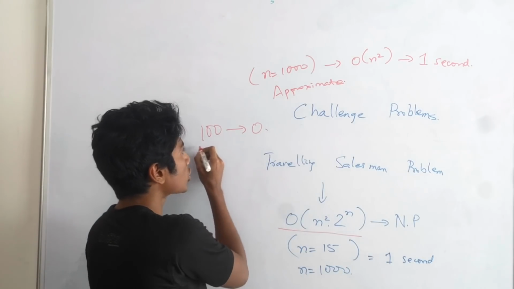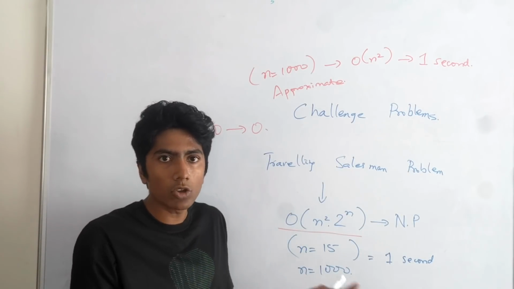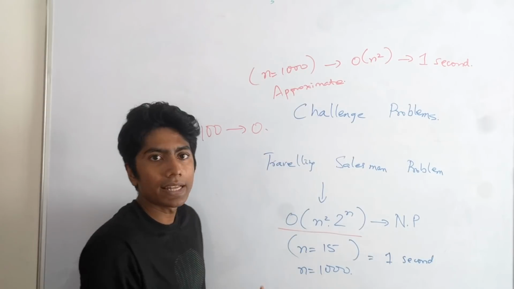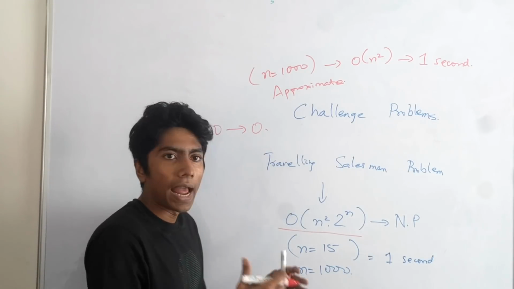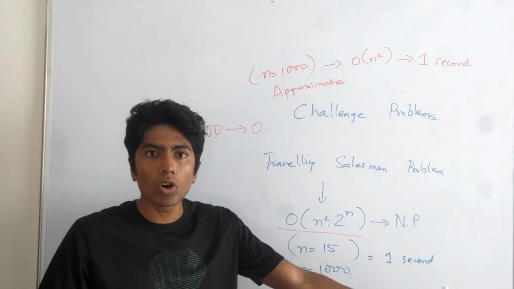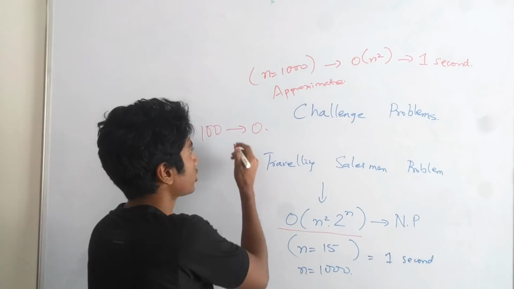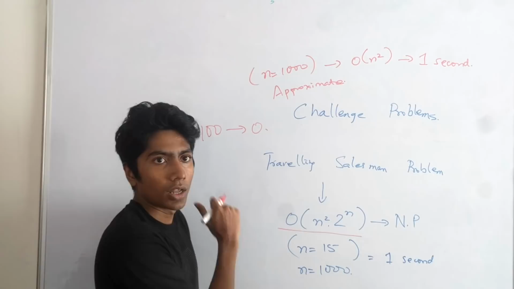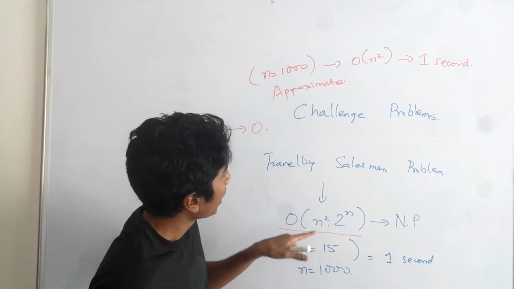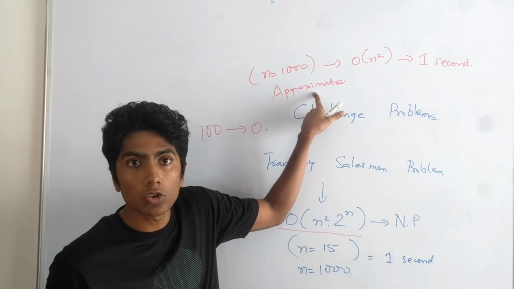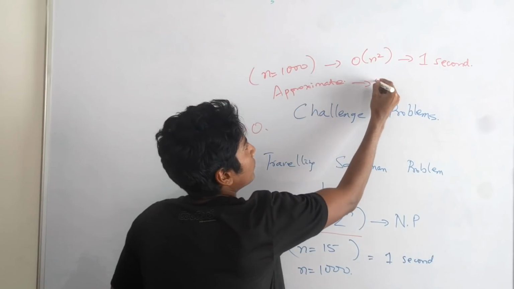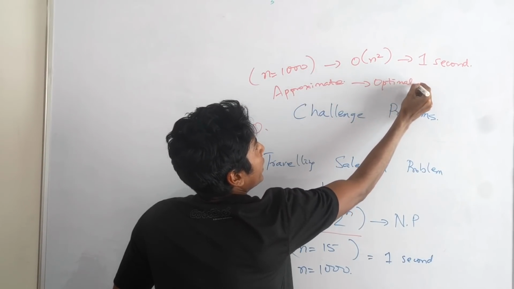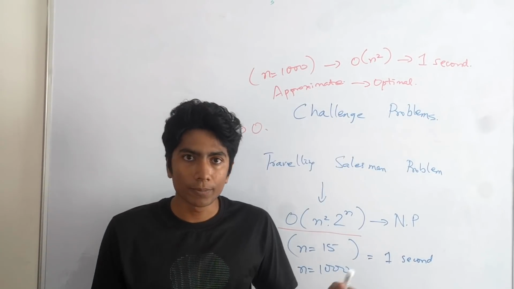If your solution is the best, then you get 100. If it is close to the best, then you get around 90s, 80s, 70s, and the further away you are from the best solution, the lesser your score is. So basically what you want to do is maximize your score, in which case you want to make your approximation as close to the optimal solution as you can, within the 1 second time limit.